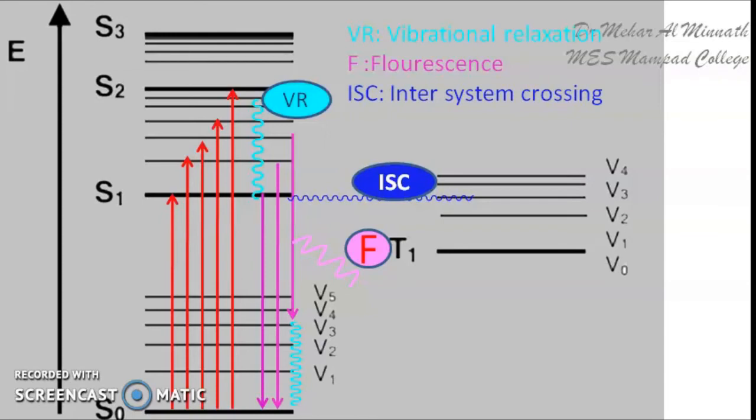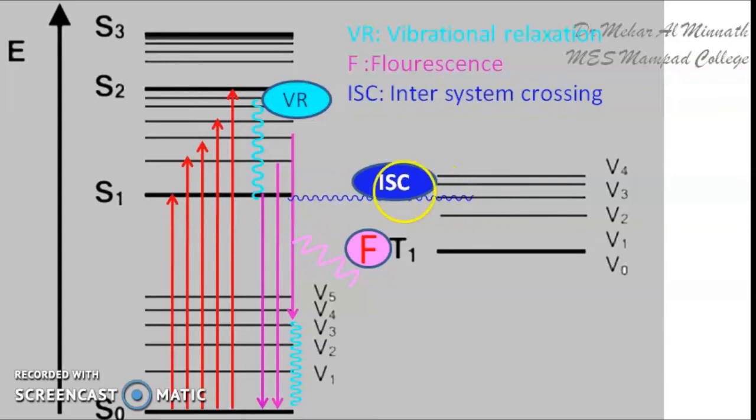Now, during intersystem crossing, of course, this is also non-radiative relaxation. Now, we know that during intersystem crossing, the electrons move from the singlet state to the triplet state.